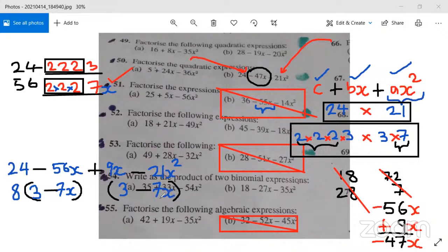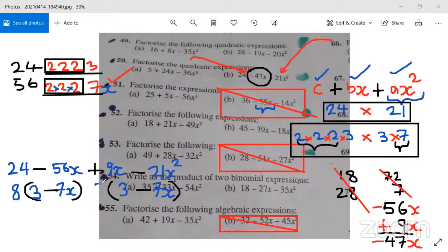All right. 9x divided by 3. 3x minus 21x squared divided by minus 7x. X squared over x is x. Minus 21 over minus 7 is the same as positive 21 over positive 7, resulting in the same positive 3.